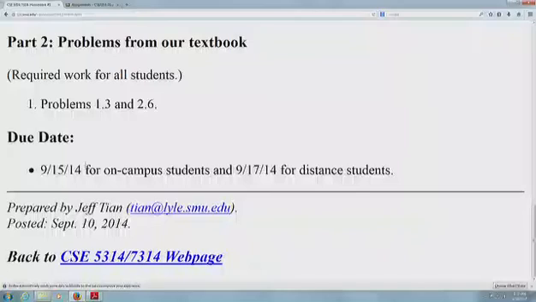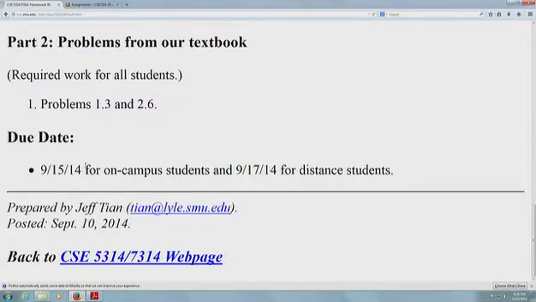The second part is the easy part. I shouldn't say the easy part. It's the more straightforward part. The second part is some of the questions from our textbook. Problems 1.3 and 2.6 ask you to discuss those things.